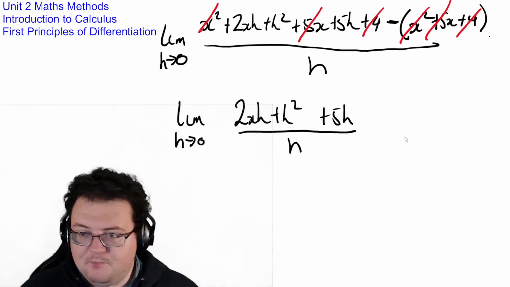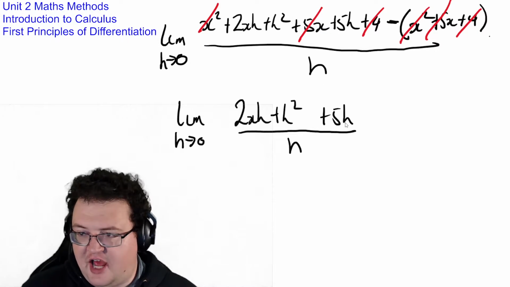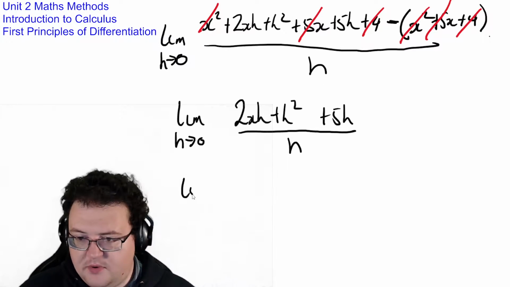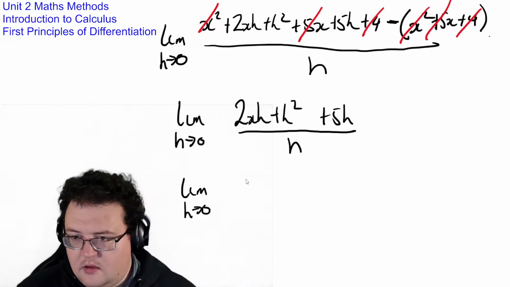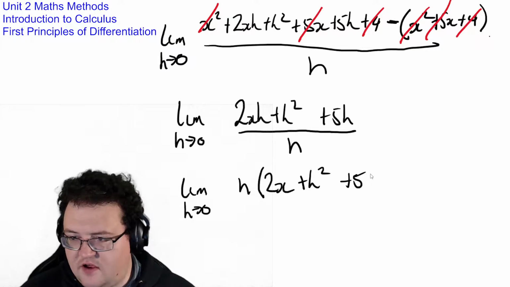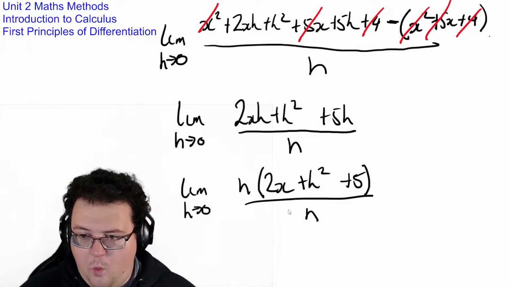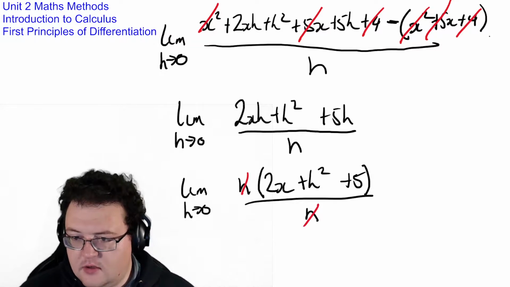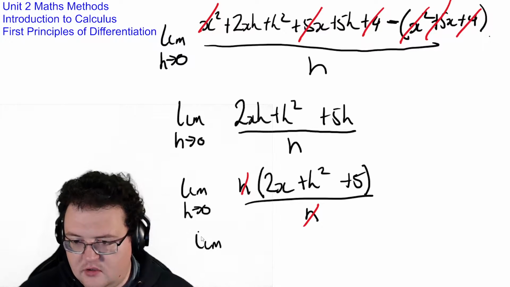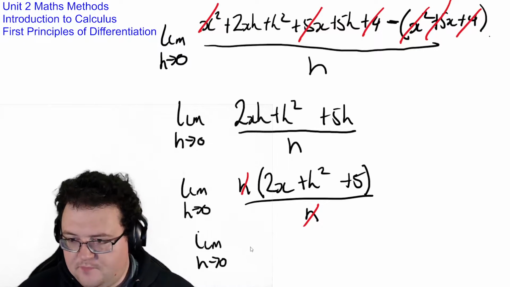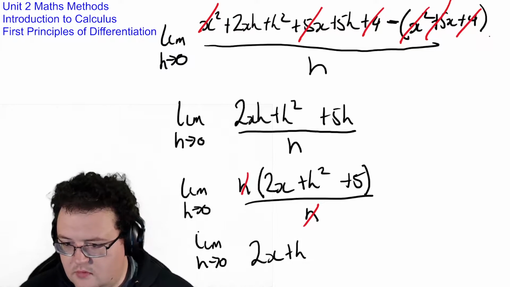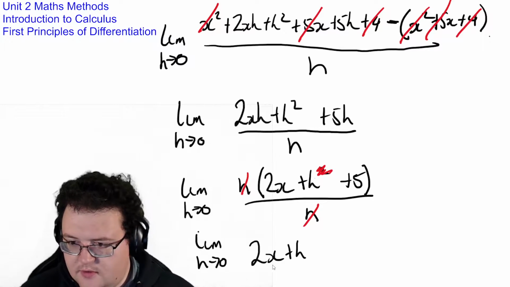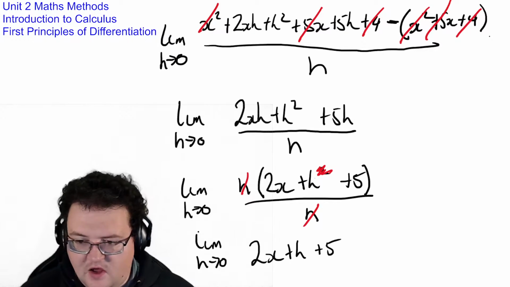So back to where I was. I have an h here, an h here, and an h here. I can factorize the top: h times (2x plus h plus 5), all over h. What happens to the h's? They cancel down. So I'm left with the second last step of 2x plus h plus 5.